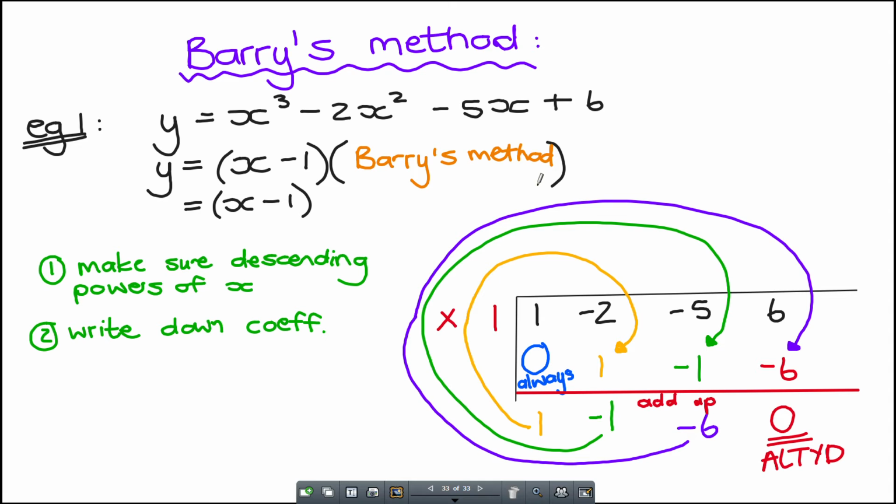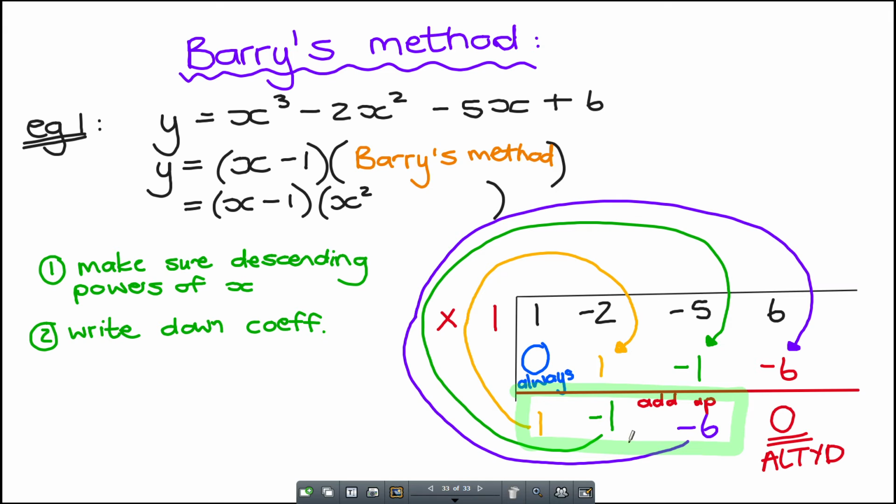So kyk gou, hy gaan nou so lyk. Instead of that Barry's method, nou gaan ek hê, kyk gou wie. Kan julle dit sien, nee? So the first number is a 1. So I know it will be x or 1 x squared.